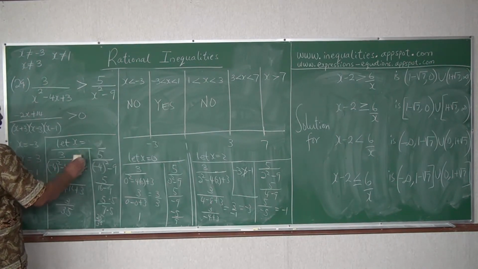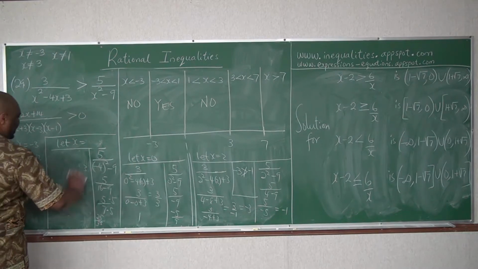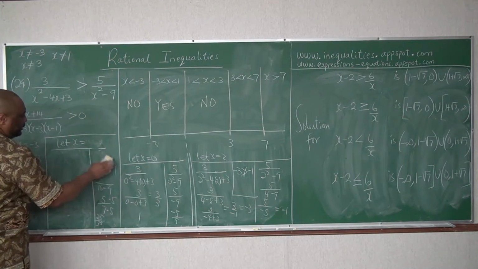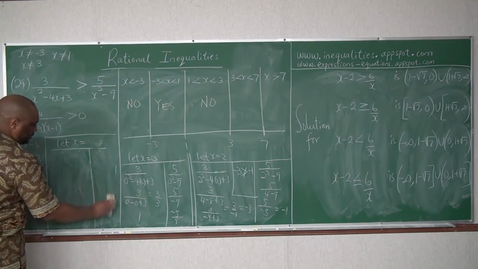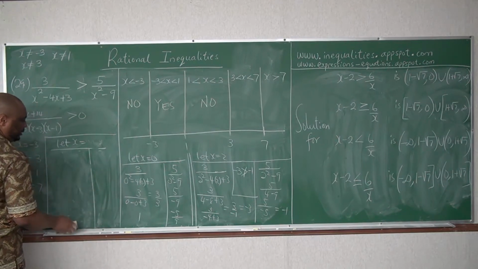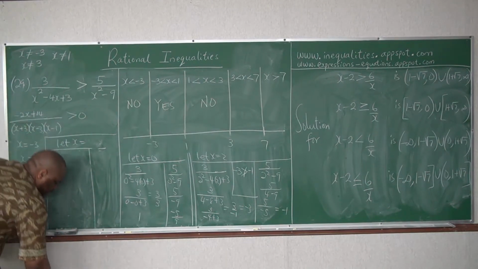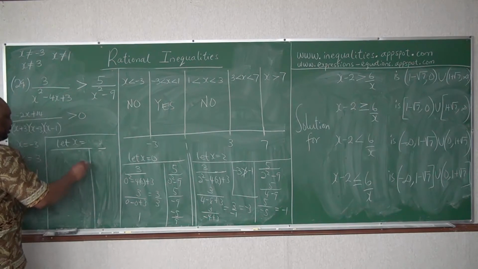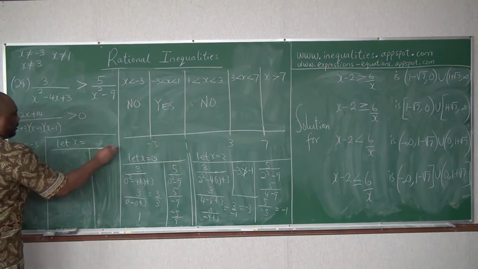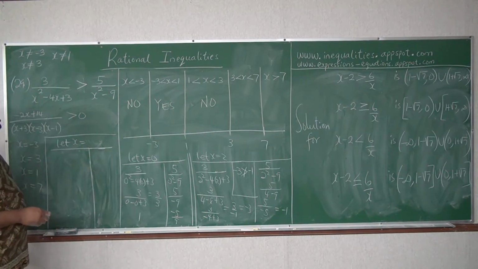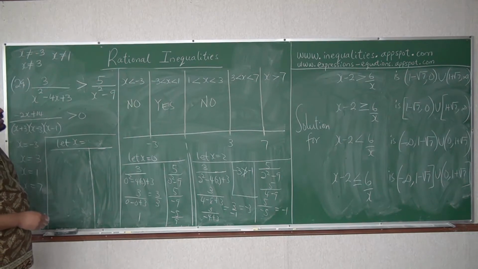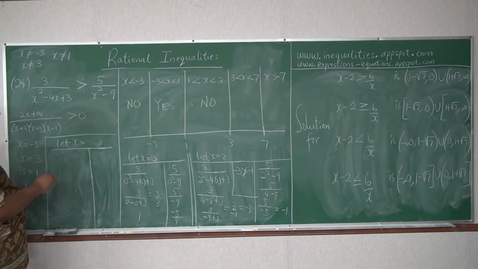So the next one, let x be 4. 4 is easier. 4 is the easiest there.